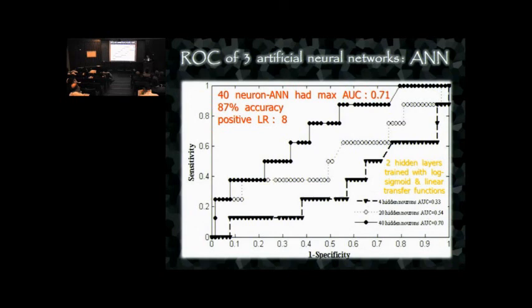And you know that in general, when there is a good sensitivity, the specificity would be less, and vice versa. So there is a trade-off. And in this curve, a test that has a rapid growth like this would have the highest area under the curve and would perform better. That is the case for the 40 neuron structure here.